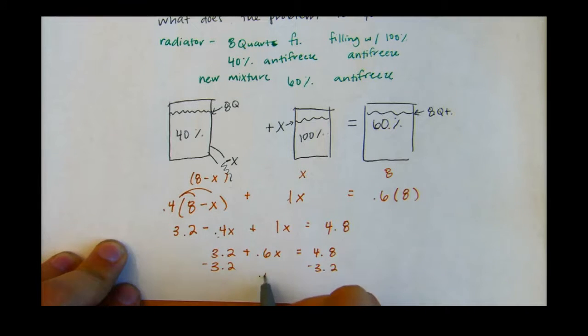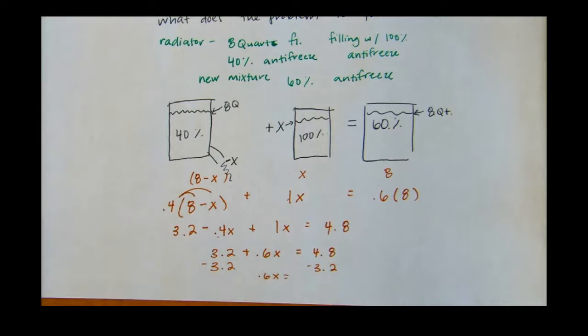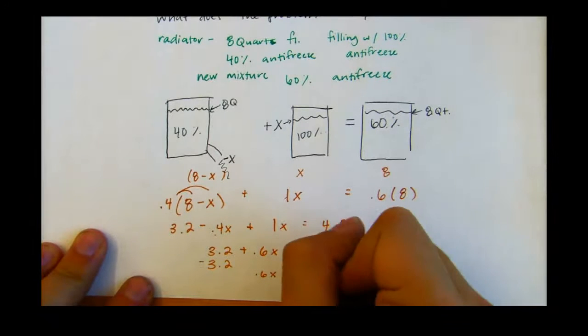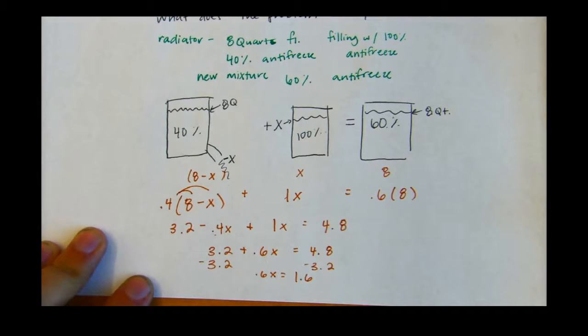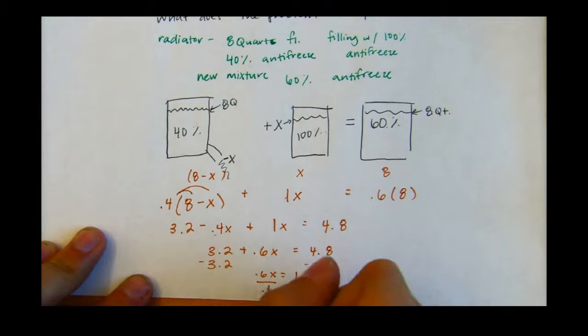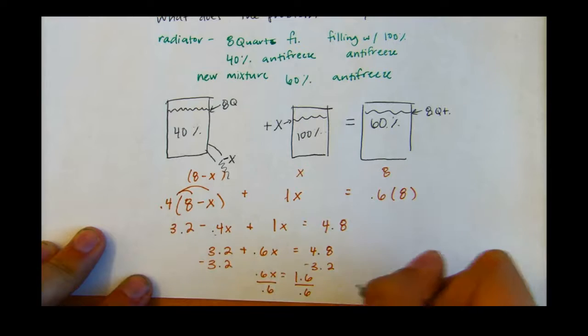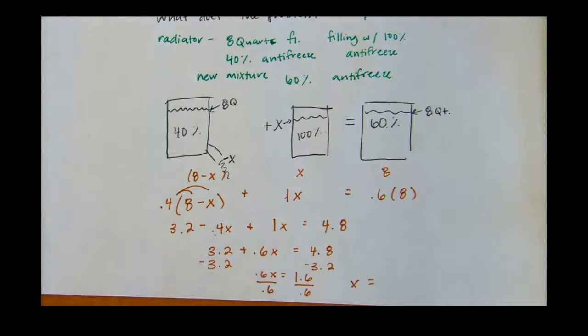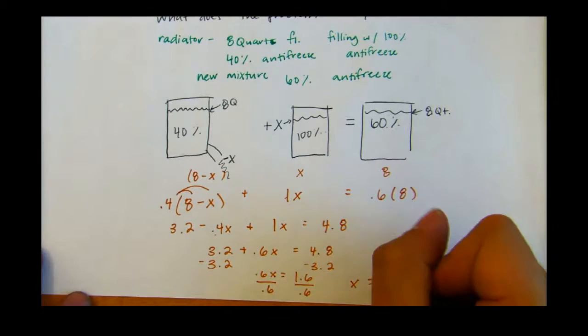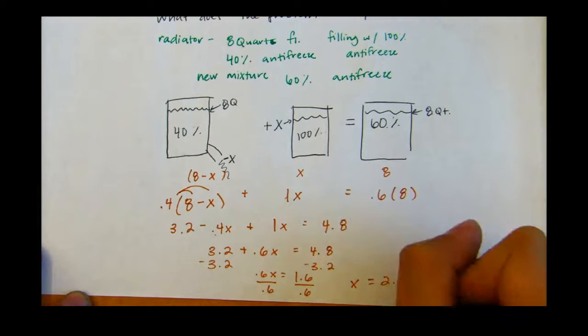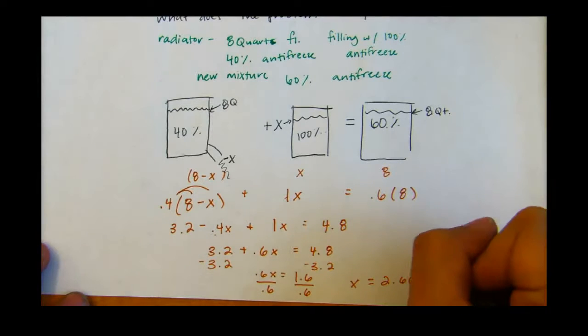I'll end up at 0.6x equals 1.6, since 4.8 minus 3.2 is going to give me 1.6. And then lastly, I'm going to divide by 0.6 so that x is equal to 2.666 repeating quarts.